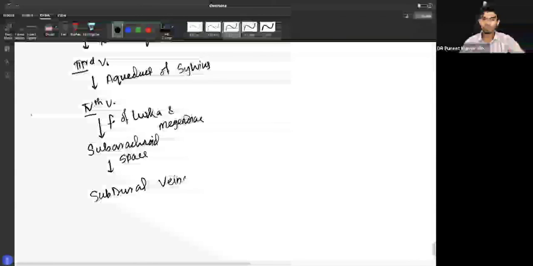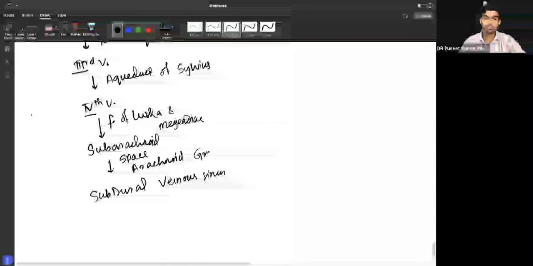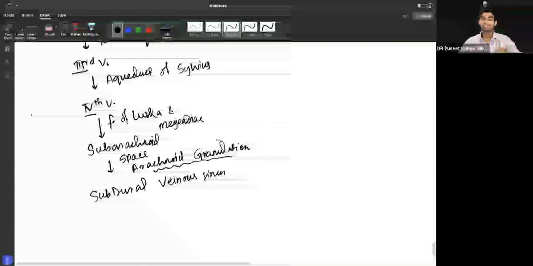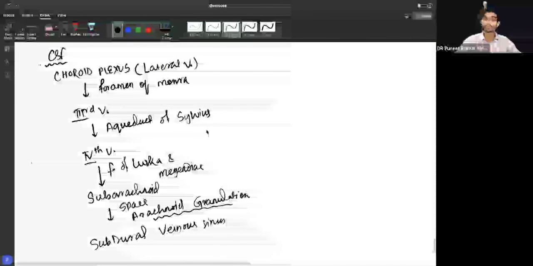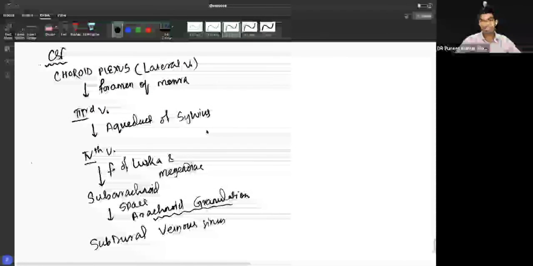It goes through the arachnoid granulations, and these arachnoid granulations are actually some modification of the veins which absorb the CSF into the venous sinuses. Okay. So this is the flow of your CSF from synthesis to the drainage.